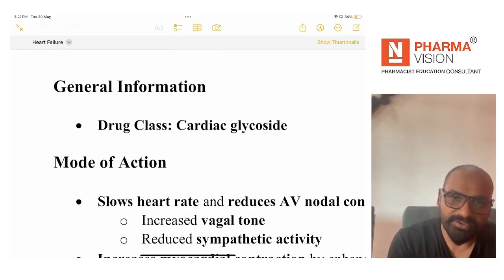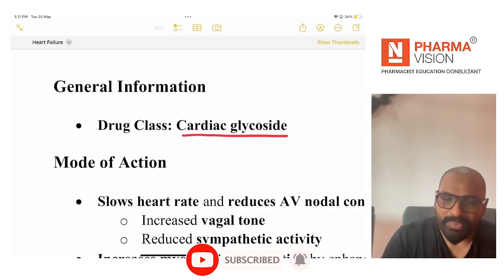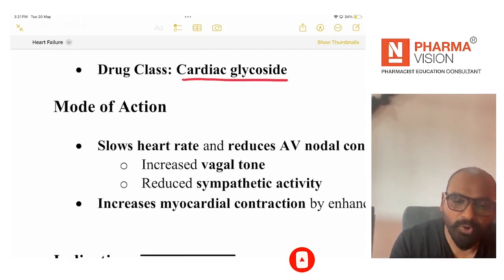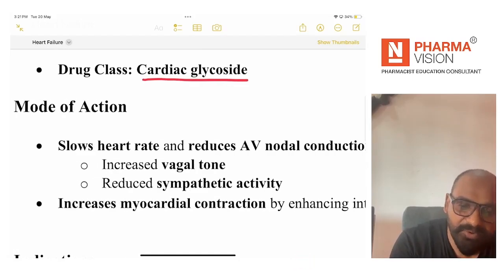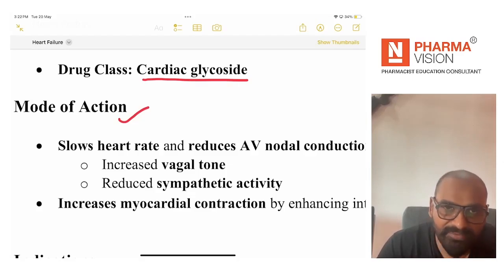First of all, Digoxin is considered a cardiac glycoside group of medication. Why is this medication very important and unique? Because there are two unique mechanisms of action associated with Digoxin.